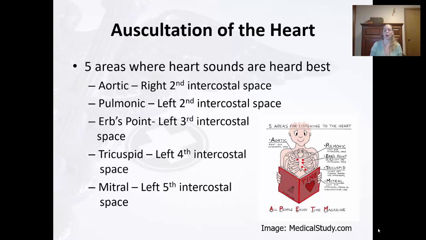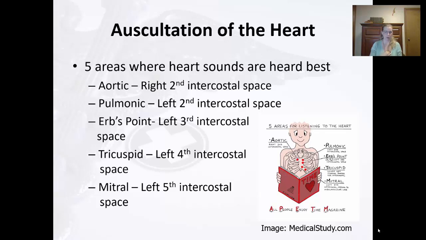So if you start on the right side of the patient's chest wall in the second intercostal space, just on the right side of the border of the sternum, you are in the second intercostal space, and that's where it's best to listen to the aortic valve. If you go to the left side in the second intercostal space, now you're listening to the pulmonic valve.